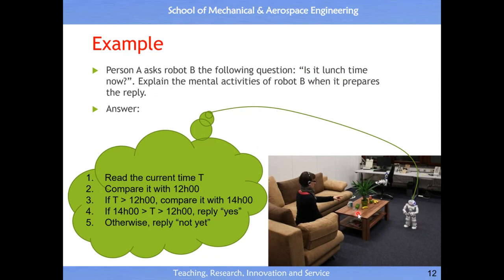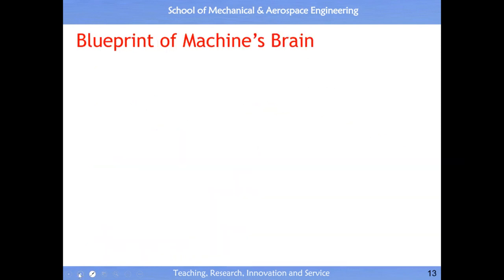Then you can imagine the series of mental activity occurring inside the brain of a robot. So at least we can identify this series of 5 mental activities inside the brain of the robot. And these mental activities include input, processing, and the output. Okay, so similar to the human brain. Okay, so it's quite interesting.